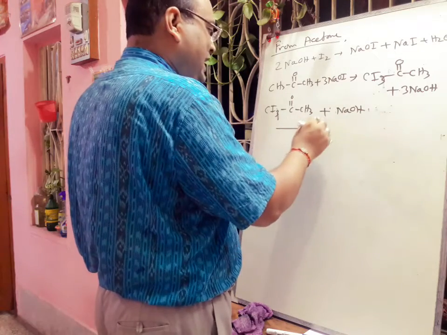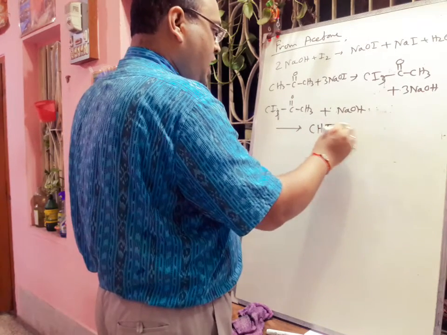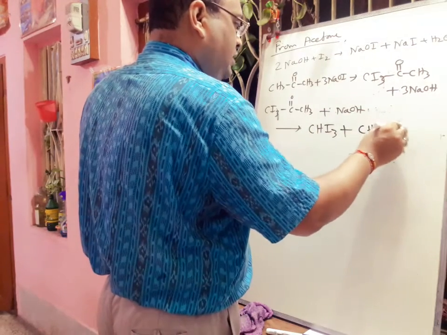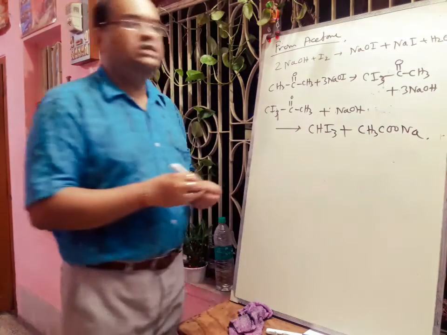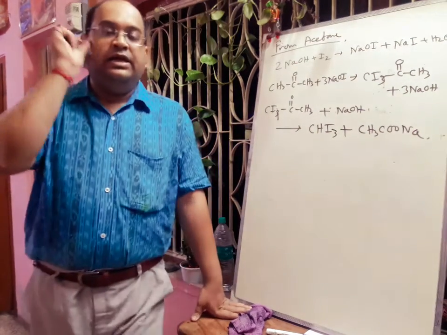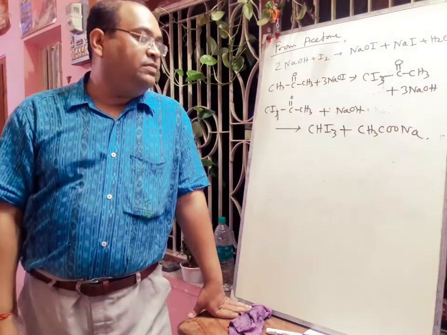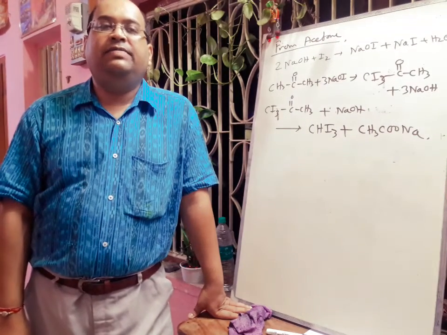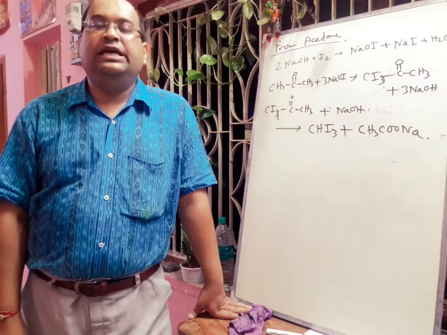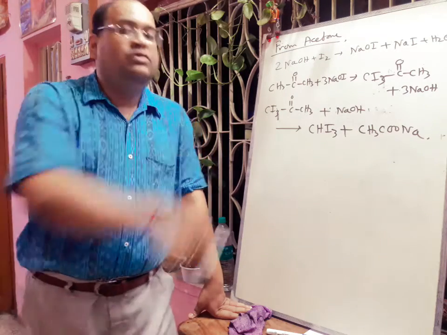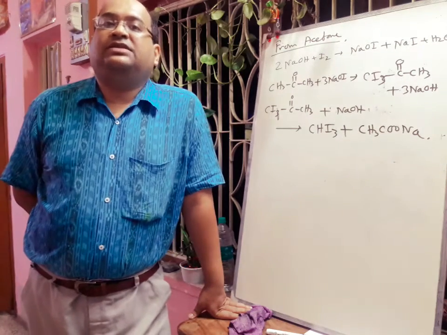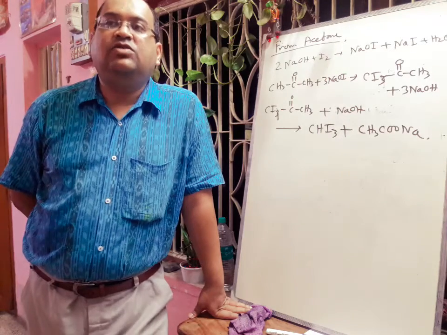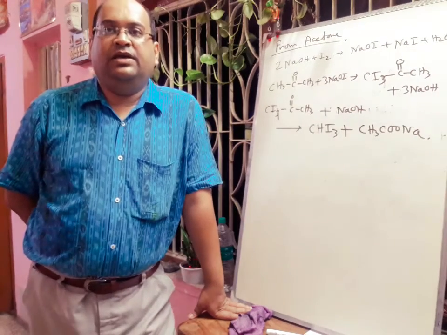So that will form CHI3, iodoform, plus CH3COONa. In this way we can prepare iodoform, and here the overall reaction will be CH3COCH3 will react with 3 I2 plus 4 NaOH, that will form CHI3 plus 3 NaI plus 3 H2O plus CH3COONa.